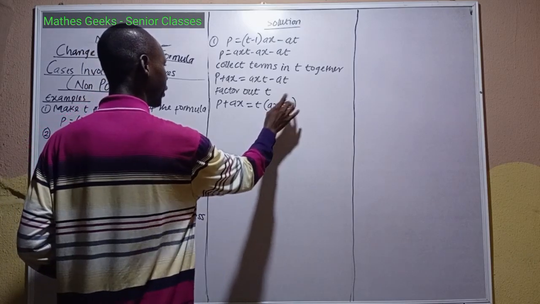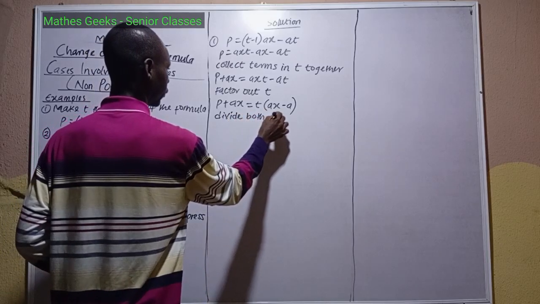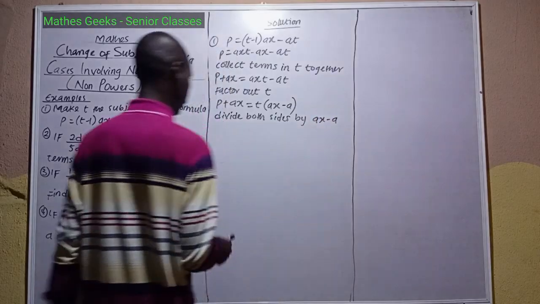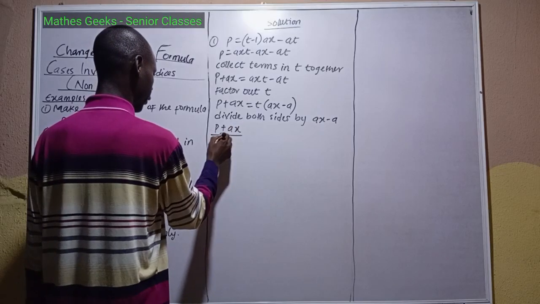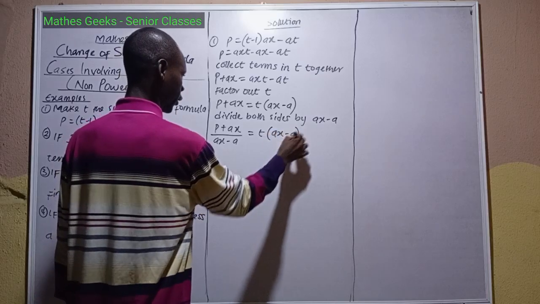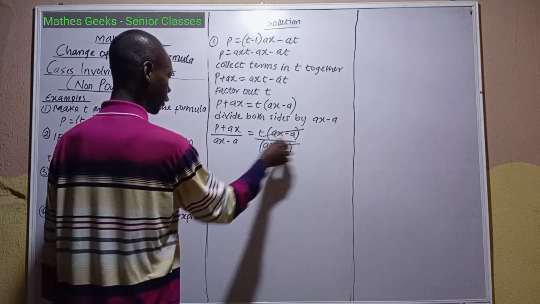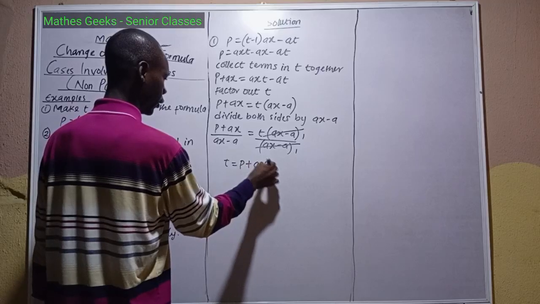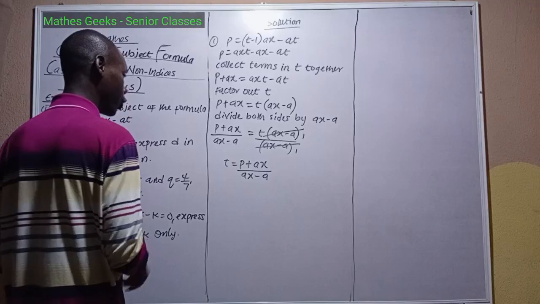We need to divide both sides by AX minus A. So P plus AX over AX minus A equals T(AX minus A) over AX minus A. This part cancels now. T is equal to P plus AX over AX minus A. T is the subject of the formula.